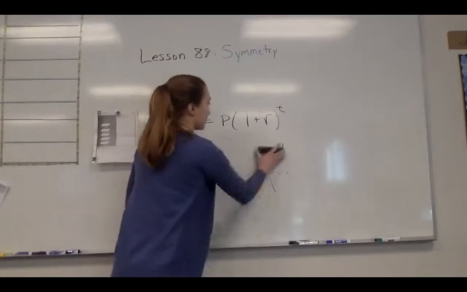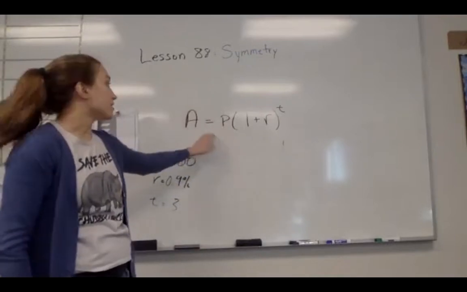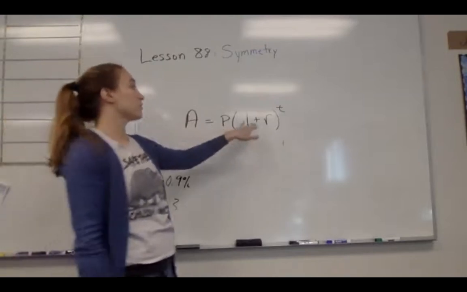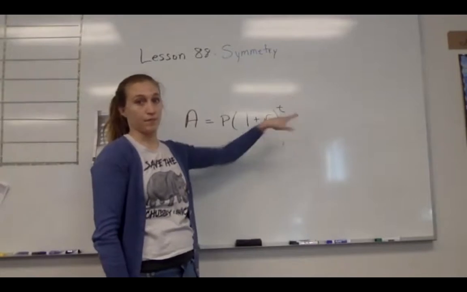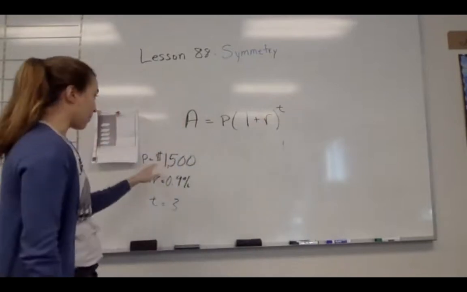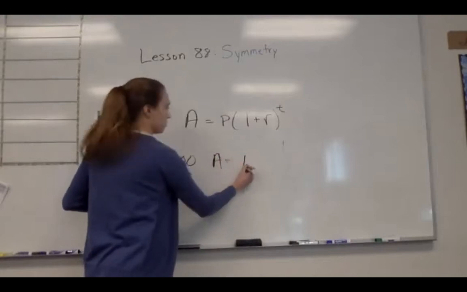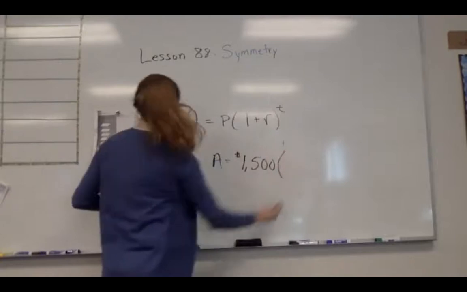So there's that. Then for part 4, you're going to do the interest rate. Remember, it's basically your answer A equals principal times 1 plus R, the rate, to the time t, okay? So the first one, you're going to set up like this. A equals 1,500 times, my rate.